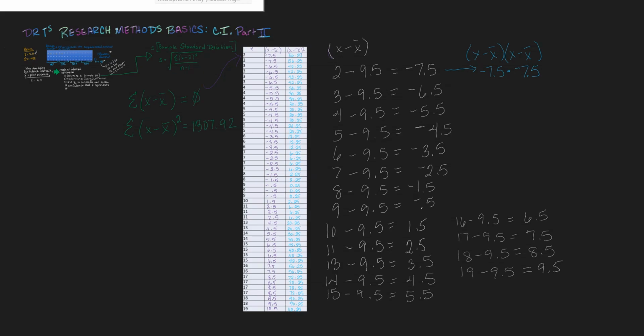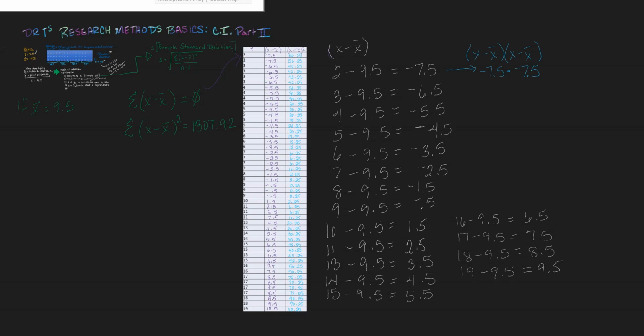Don't pause yet. Let me explain. The sum of all x minus x bar should equal 0. But this is one instance where, if you used our x bar equal to 9.5, then we have an issue of rounding error.